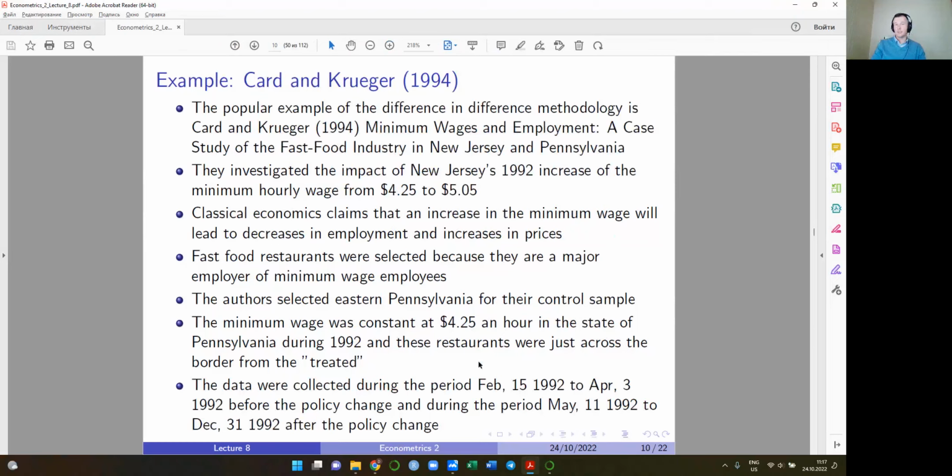They collected the data over two periods: a pre-treatment period from February 15 to April 3rd, and then the after-treatment period from May 11th to December 31st.